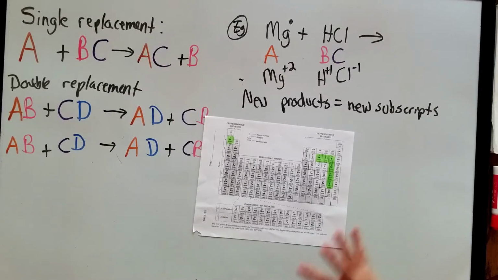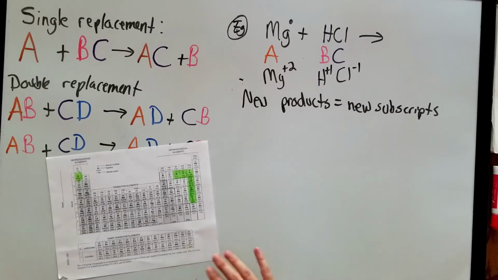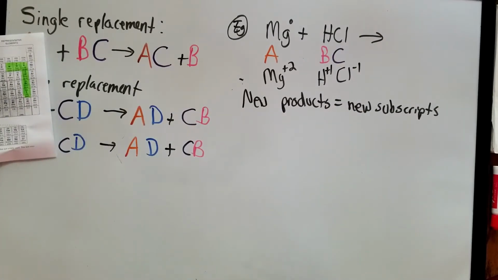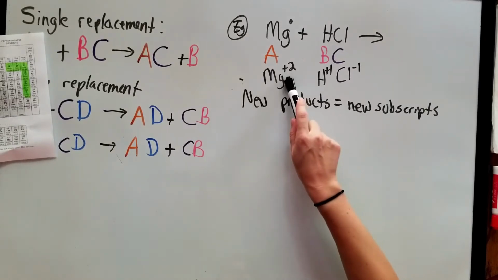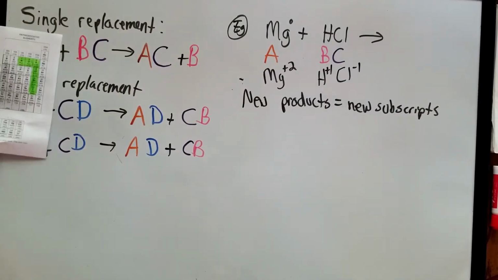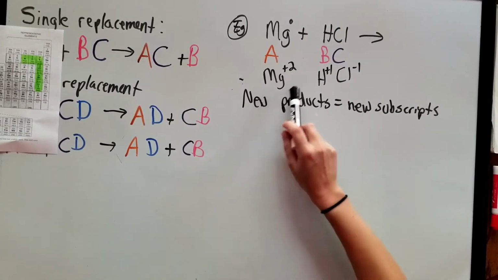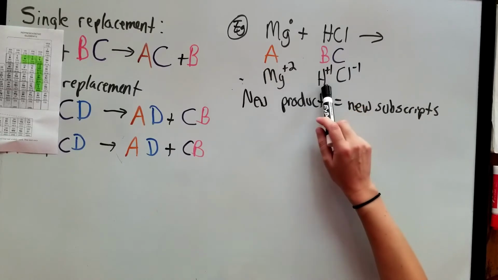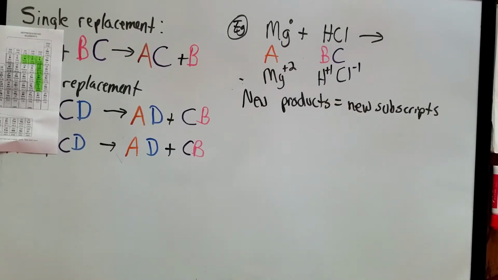So how do we know who's going to switch with who? Whenever we have ionic compounds, we always want a cation, a positive charge, with an anion. What that means is magnesium, since it has a plus charge, is going to take the place of hydrogen, since hydrogen has the plus charge.